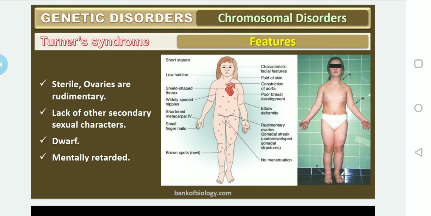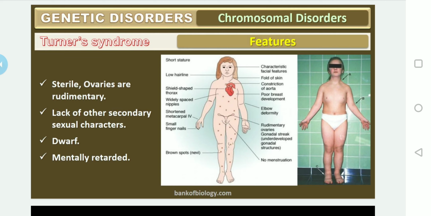Please note down the symptoms, or else you may get confused between the different syndromes. In the case of Turner syndrome, what are the characters or symptoms? They are small in stature, they possess a large chest, they show a webbed neck, they do not attain puberty, there is no menstrual cycle, breasts are underdeveloped.